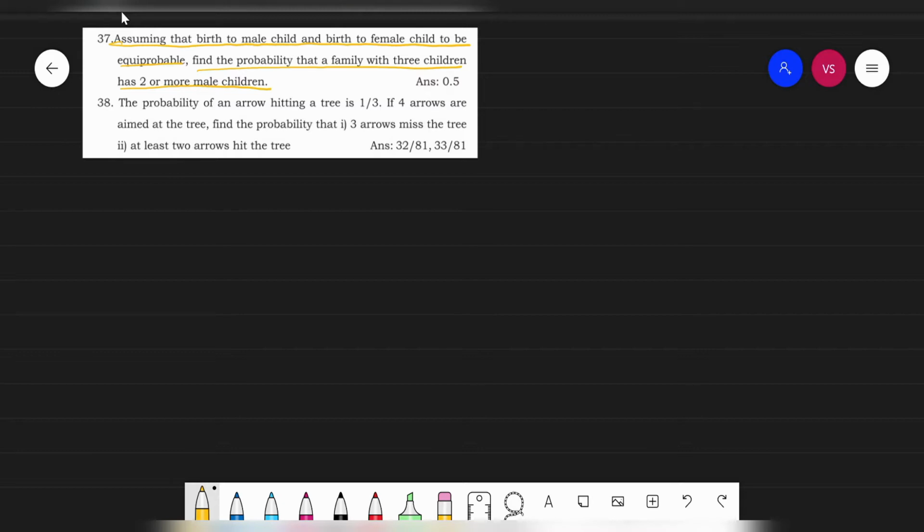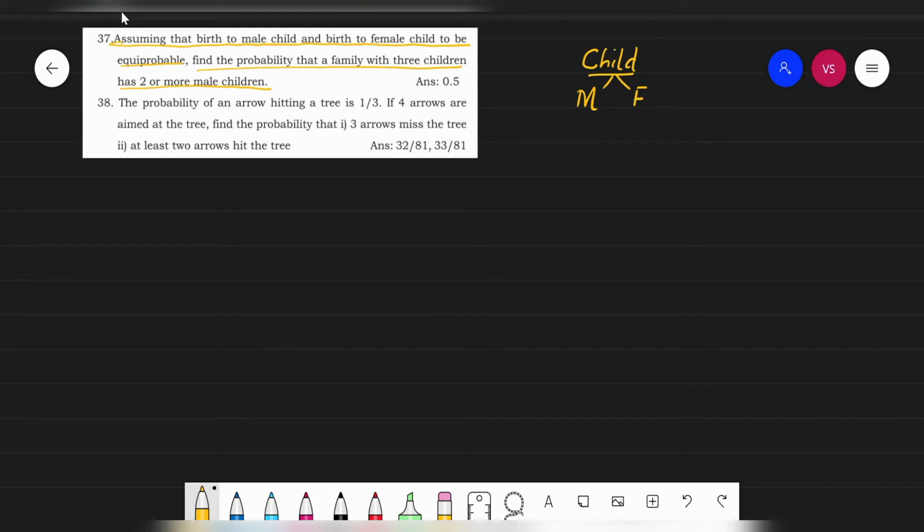Again, when we go to this question, nowhere have they mentioned binomial distribution. And again, a question comes, how can we consider this as a binomial distribution problem? Okay, it's a simple one. This is all about a child. A child can be a male child or a female child. That has two outcomes.